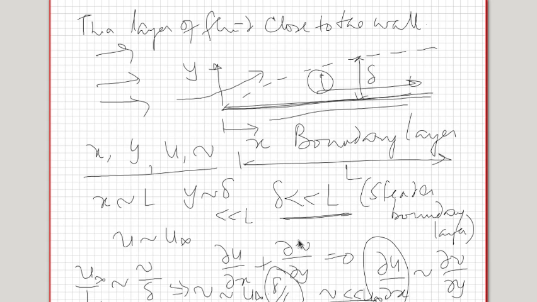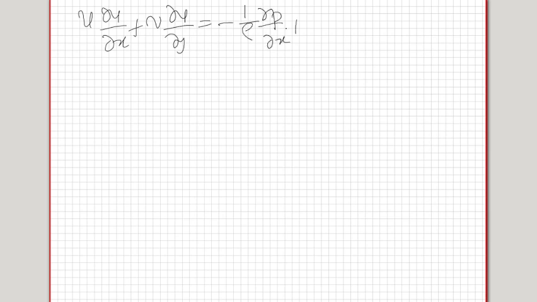The next equation, which is the momentum equation in the x direction, we can write as u del u by del x plus v del u by del y is equal to minus 1 by rho del p by del x plus nu times del squared u by del x squared plus del squared u by del y squared.